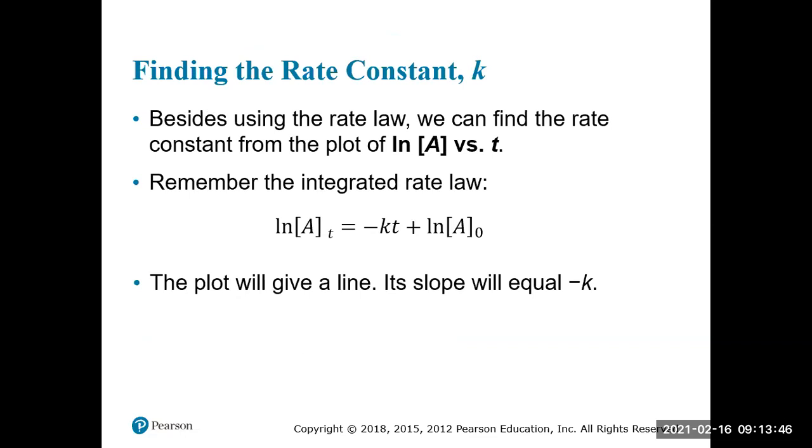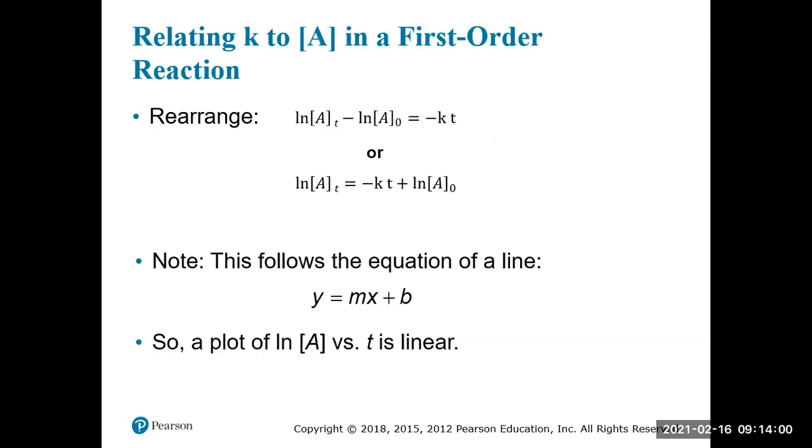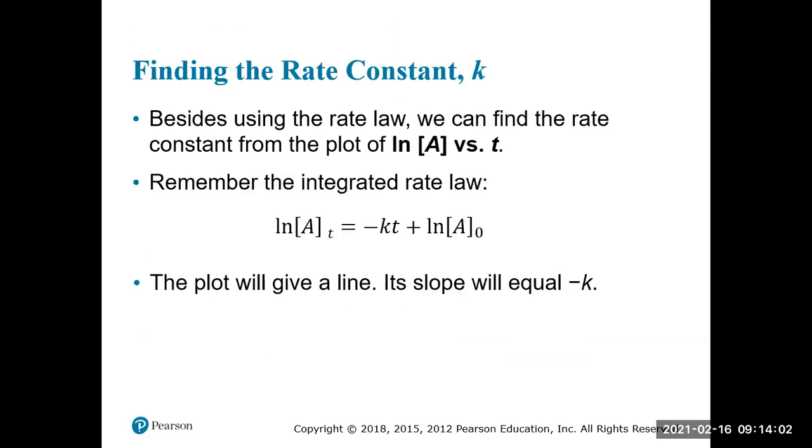As I said, we can find what that rate constant is by looking at the slope of the line. This goes back to our y equals mx plus b. If the slope of the line is minus k, then we can find the rate constant k just by taking the opposite sign of that.